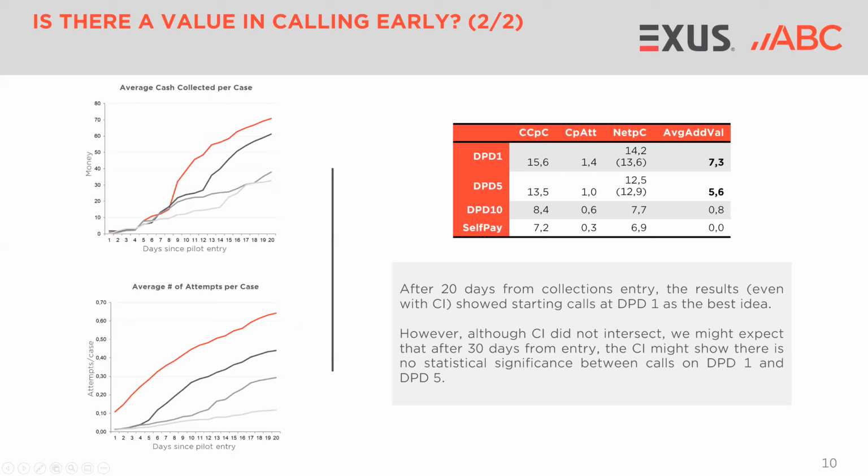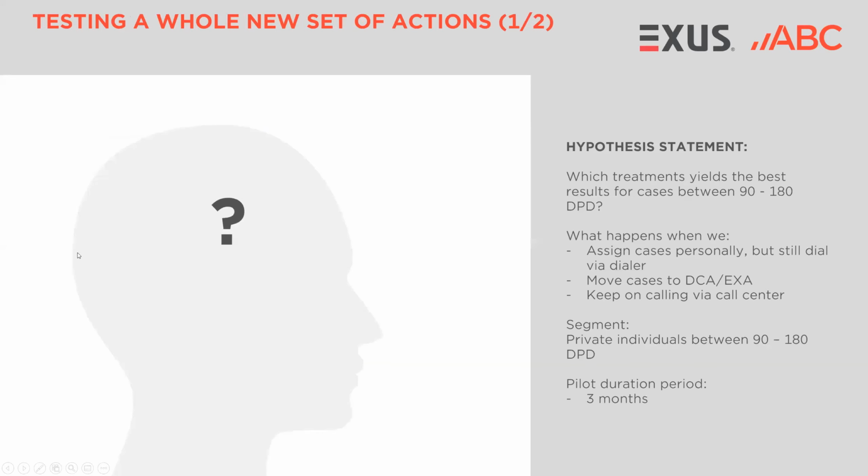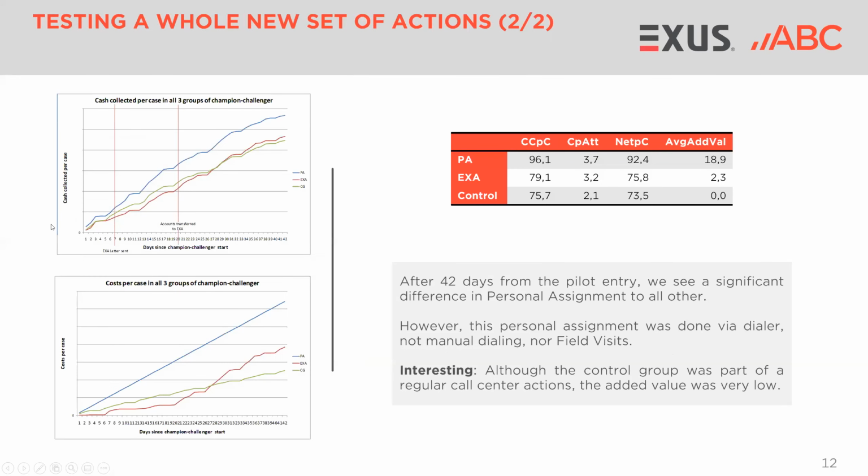Then another one was for page 12, about the external agencies. The question was whether the external agencies had a personal assignment or a call center. And they had a call center, but it was a different call center, let's say. The different call center was in worse shape than the bank call center, because when they received the cases, they needed like 5 days to process them. And then after those 5 days, they had people in the pool, but they would call manually.